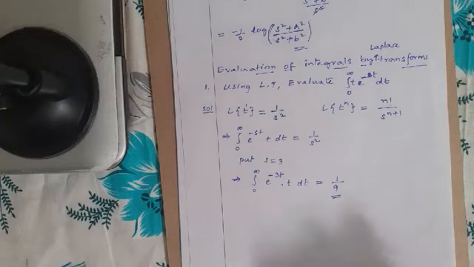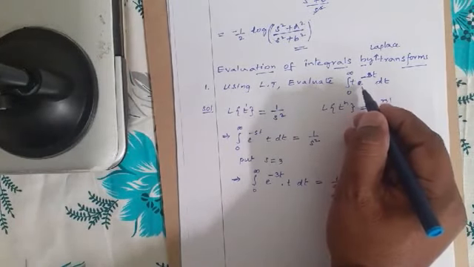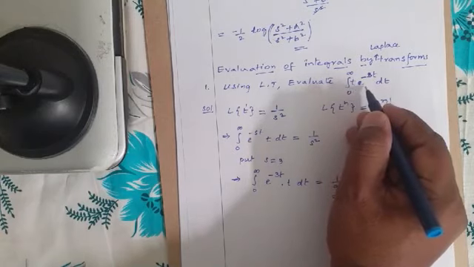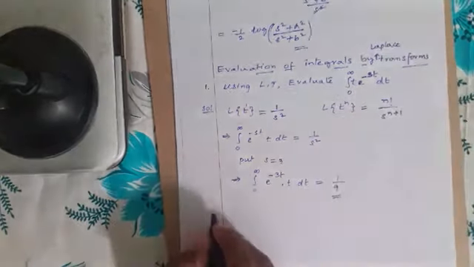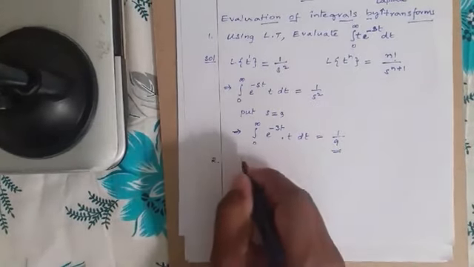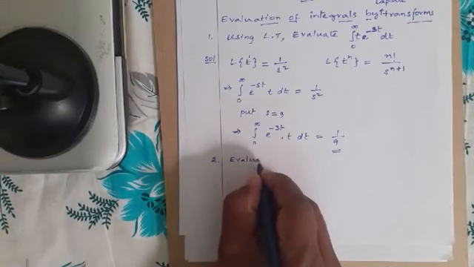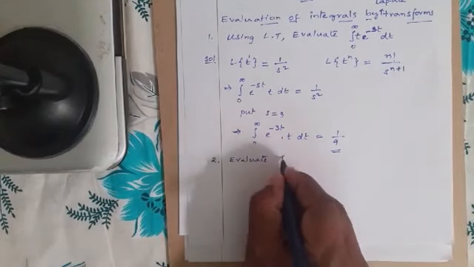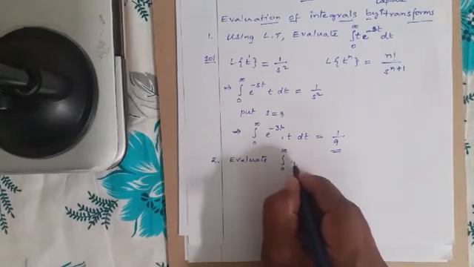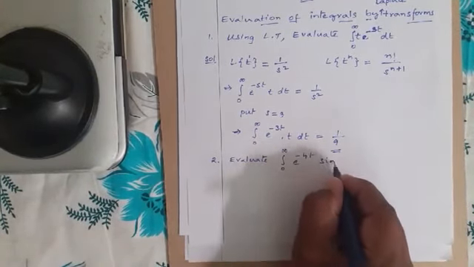The problem will be like some function of t accompanied with e power minus at or e power at. Let us do the next problem so that you can understand. The second problem is evaluate integral 0 to infinity e power minus 4t sine 3t dt.